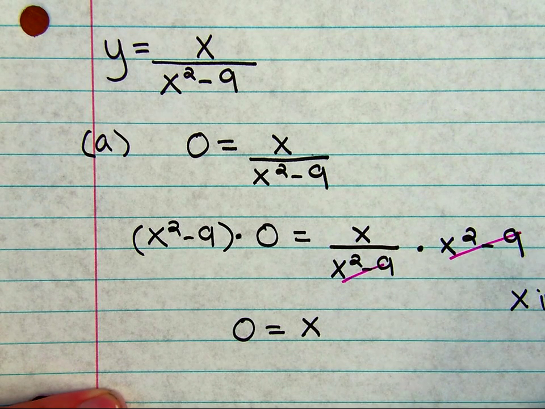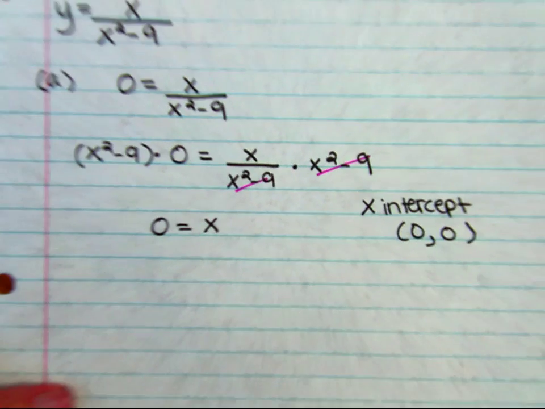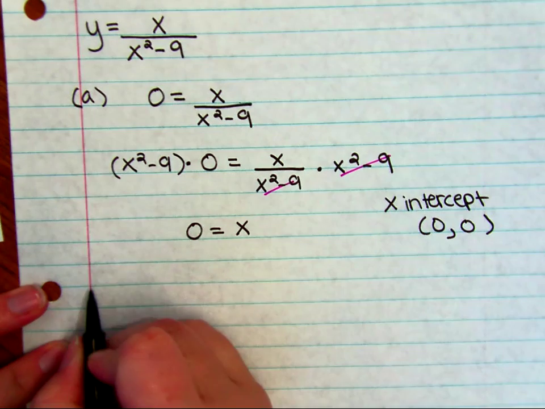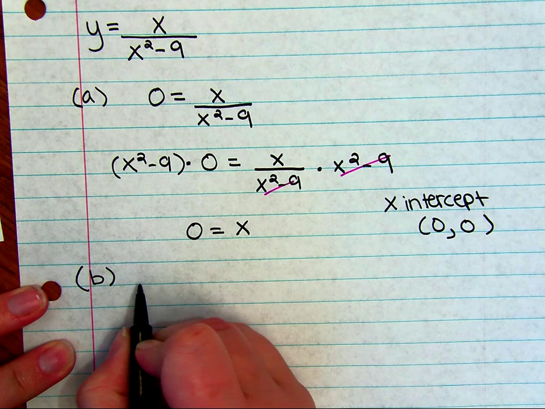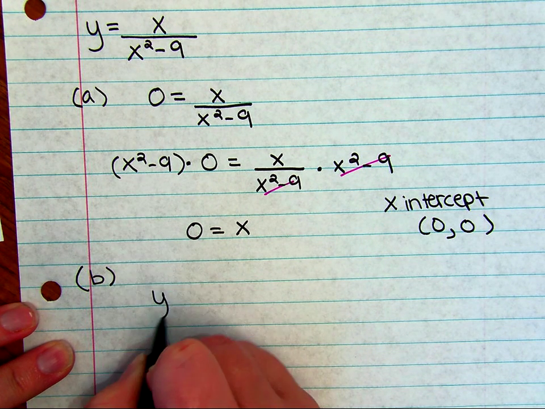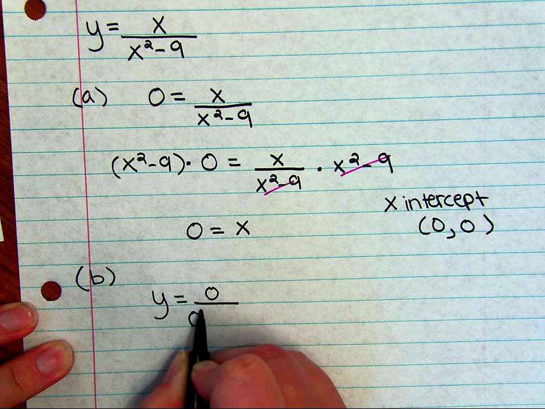So my x-intercept is at 0, 0. Sorry, you can't see that. Okay? That's part A. Part B, if you're looking at your paper, says to find the y-intercept. And to do that, I set x equal to 0 and solve. All right?